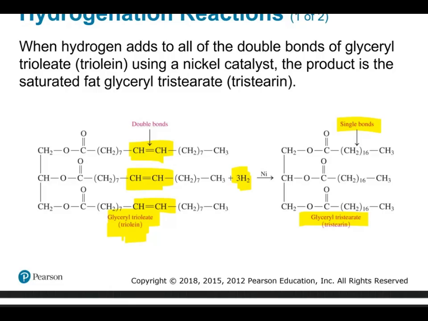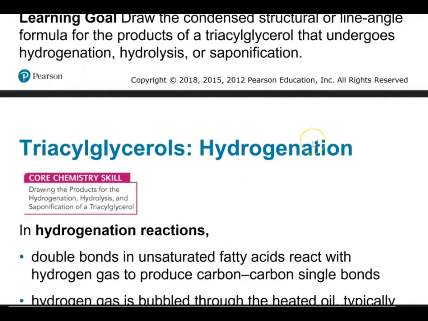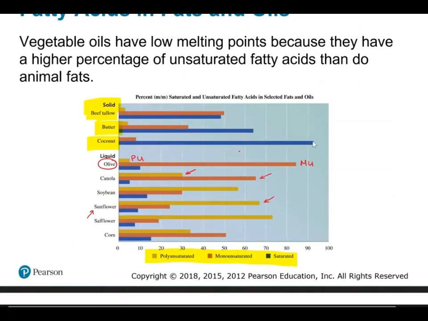You effectively, and remember, double bonds, do they reduce or increase the melting point? Do they make them liquid or solid? The liquid, the oils, do they have more saturated or unsaturated fatty acids?